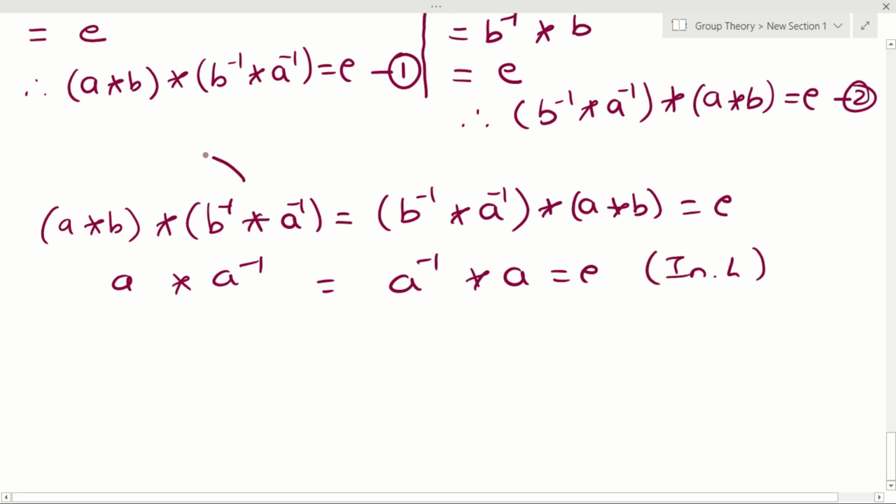Therefore B inverse star A inverse is the inverse of A star B, or A star B is the inverse of B inverse star A inverse.